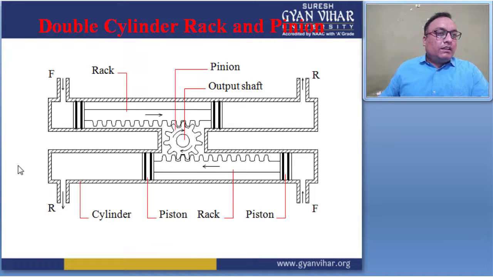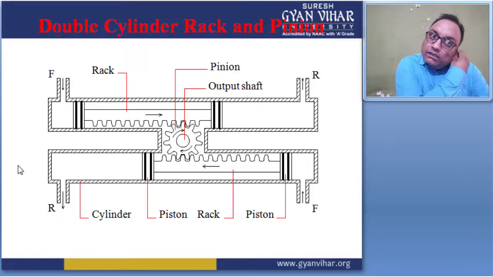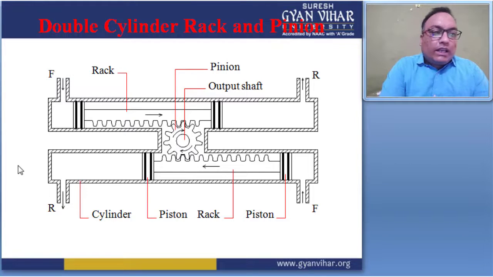This is the double cylinder rack and pinion mechanism. In this cylinder, two racks are used to drive the single pinion arrangement, and it creates a very high force at the pinion.